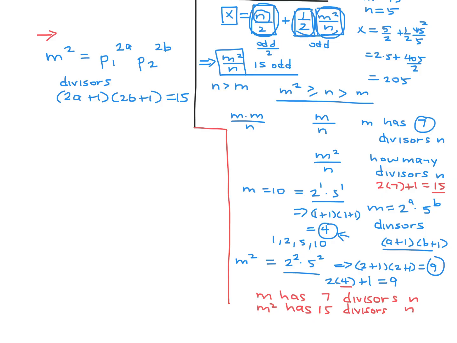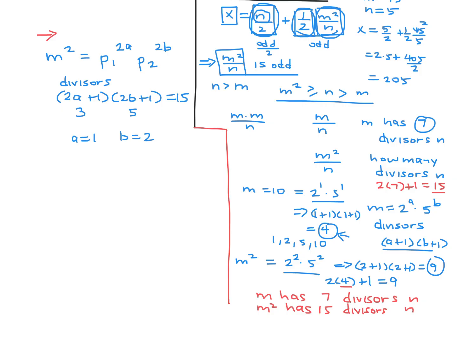So how do we do this? Either, for example, this could be 3, this could be 5, because 3 times 5 is 15. So if 2a plus 1 is 3, that means a is 1 and b is 2. Or a is 2, b is 1. Either way, it doesn't really matter.